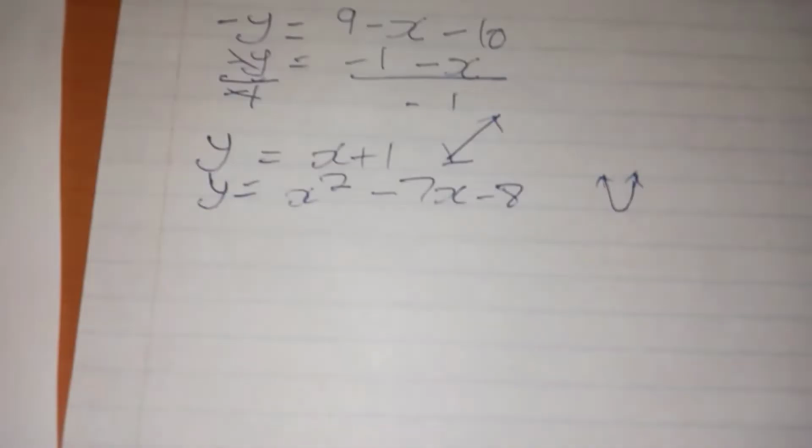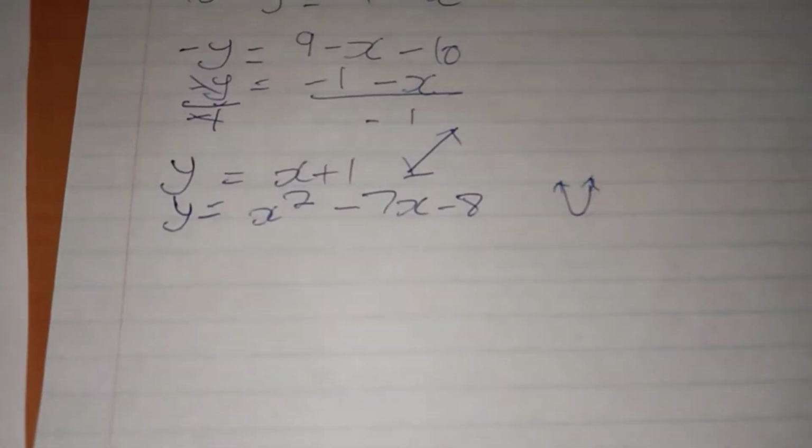So this represents a linear function, and this represents a quadratic function, and both of them are equal to y, right? So if both of these graphs are equal to y, that means they are equal to each other. So we can equate them from here. We will have x squared minus 7x minus 8 equals x plus 1, right?